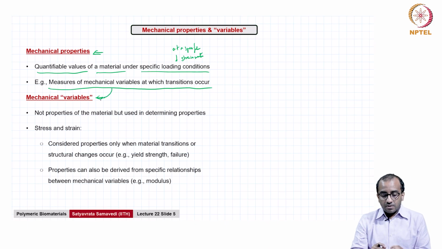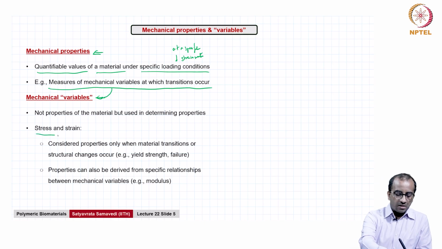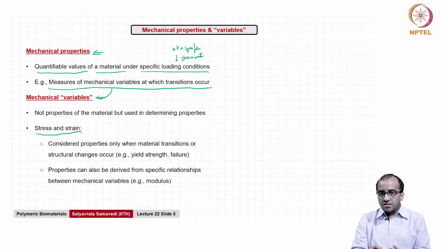Now, these are not per se properties of the material, but are used in determining the properties eventually, and two very famous examples of that are stress and strain. Stress and strain, which you would be very familiar with from some basic course on mechanics or physics, would not be considered properties, but they are more mechanical variables.